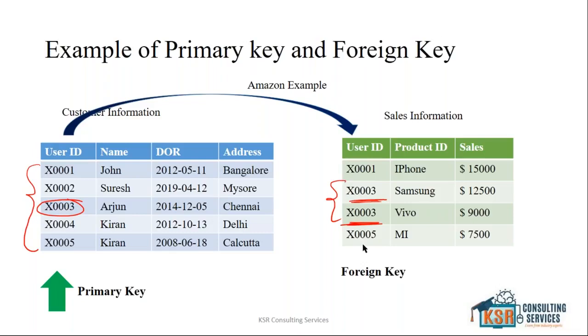Let us say two customers can have the same name, for example Kiran, but their user IDs are different. I did not get your answer, what are you trying to tell?